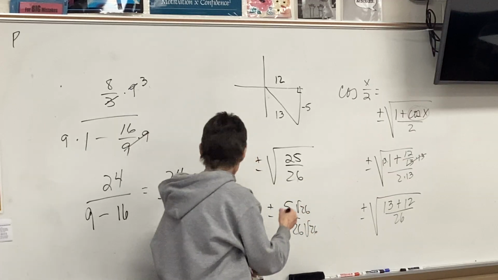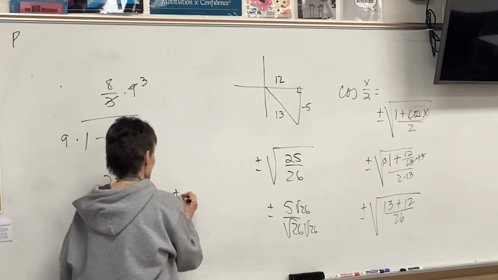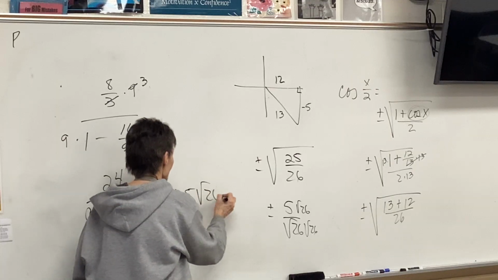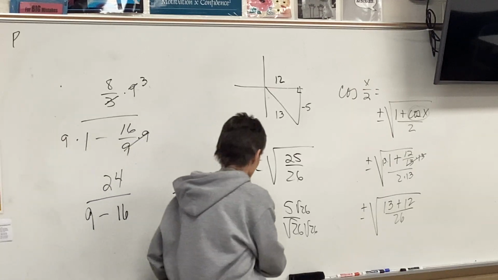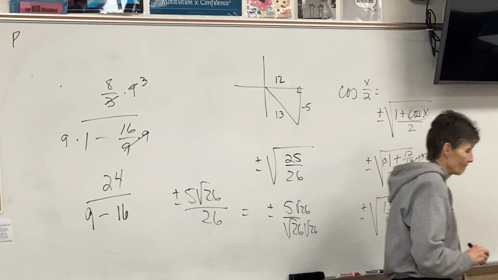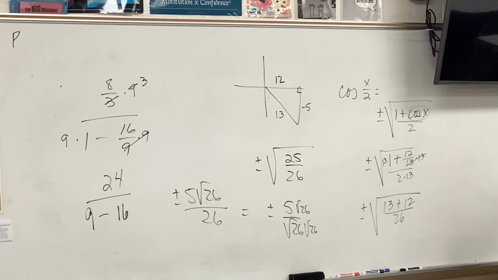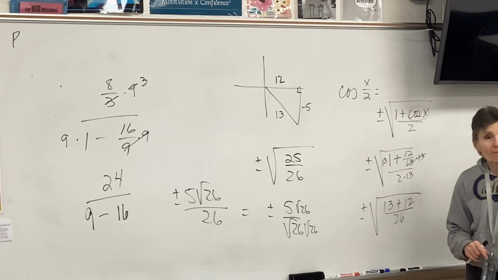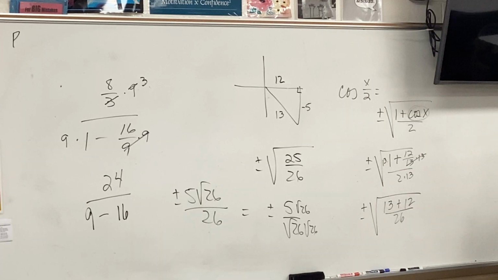So finally, I'm going to end up with plus or minus 5 root 26 over 26. Now, if there's something going on here arithmetic-wise that you don't know, I would say office hours would be a good time to handle that on Monday.